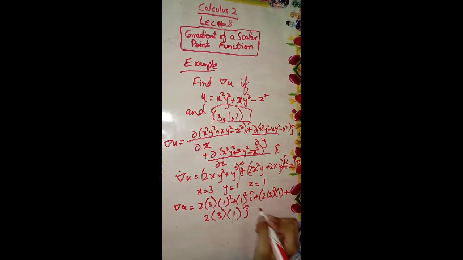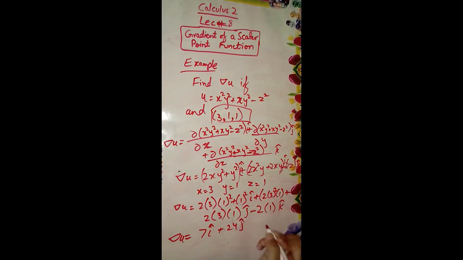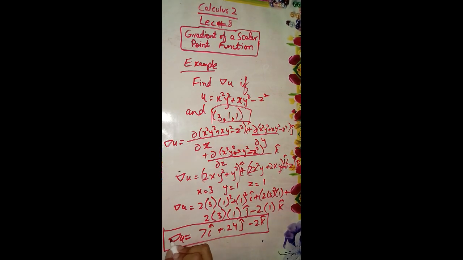This is our j hat direction, and then for z we have the value 1. And this is our k hat direction. Our final answer will be 7 i hat plus 24 j hat minus 2 k hat. This is our del u value, the gradient of the scalar point function.